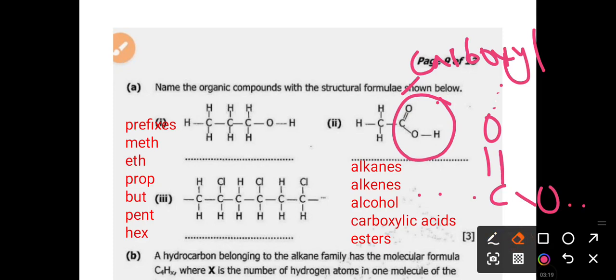So just observe this part here. Once you see this part here, then that organic compound is likely to be an ester. With this understanding, let us attempt to answer the given question.